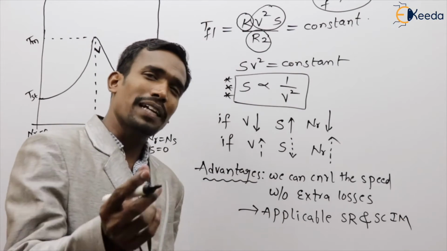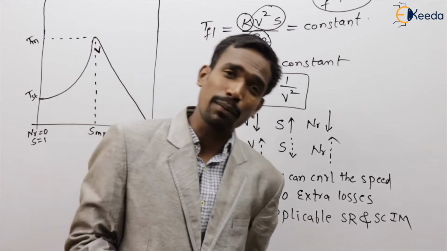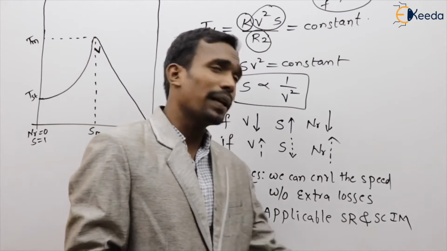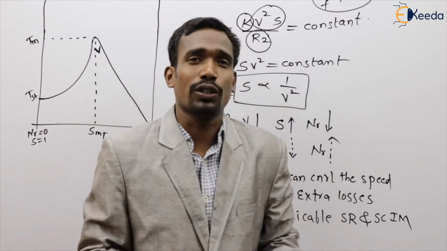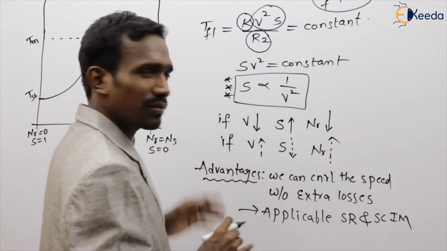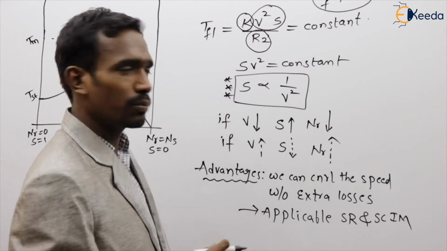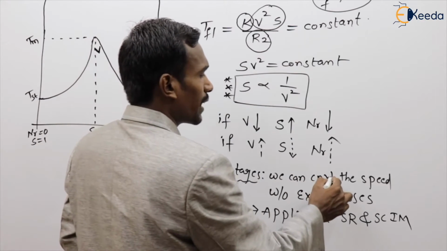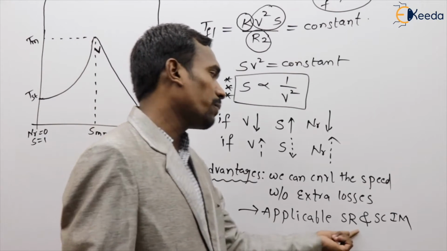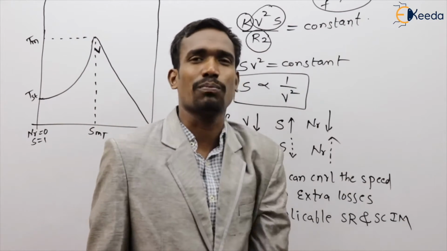We can control speeds of both motors, slip ring motor and squirrel cage motor. We can control the speed without extra losses and it is applicable for both slip ring and squirrel cage induction motors.